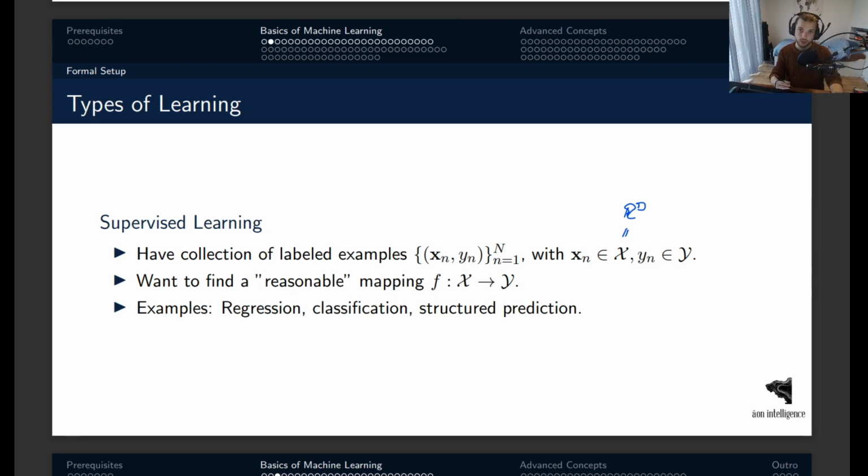So one example is that you could have the heights and weights of a number of people, as well as their gender as the label. And given this information, you can train a machine learning model that produces this mapping F, which tells you, given an observation of a height and a weight, what the most likely gender for that person is.